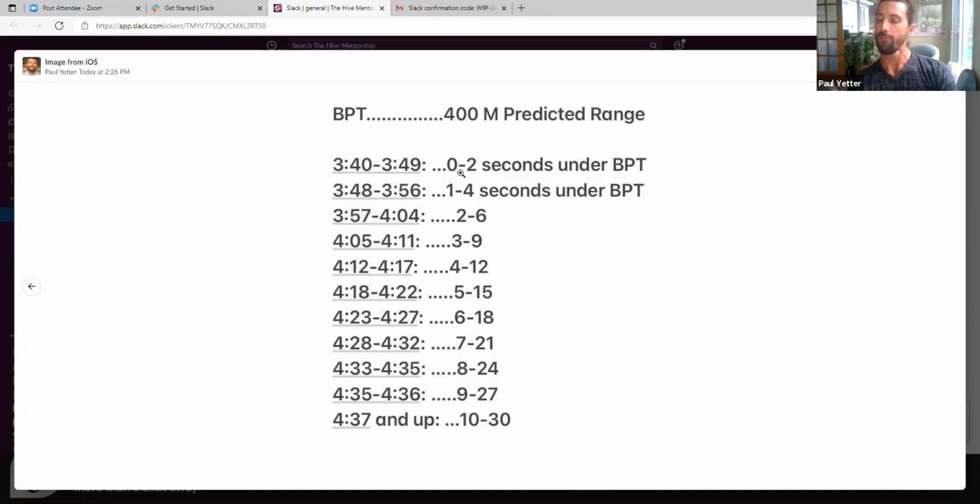Brooks Fail went a 348.4, his BPT is a 347.0. Ross Dant, his BPT is a 351.0, and he went 348. So he's within the second range there at 351. That says they're 1 to 4 seconds under the BPT as his predicted time.